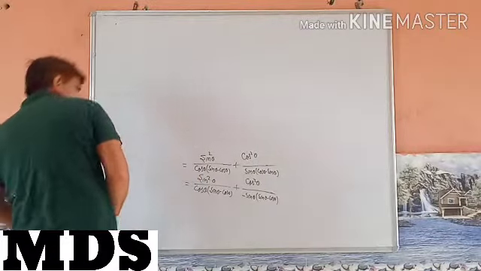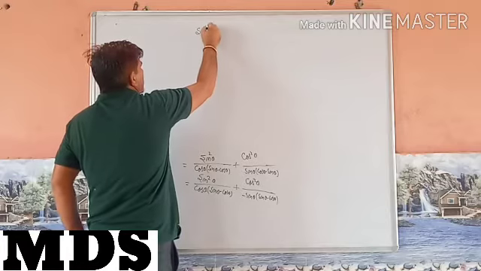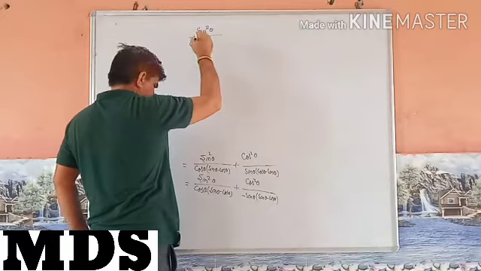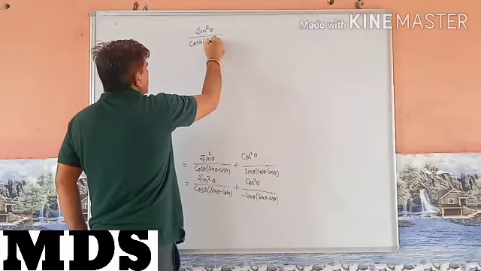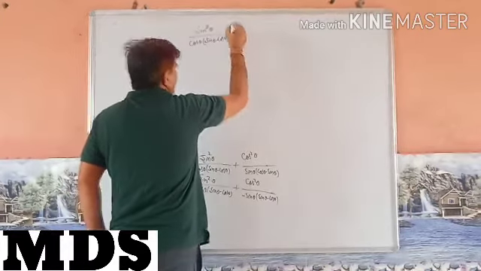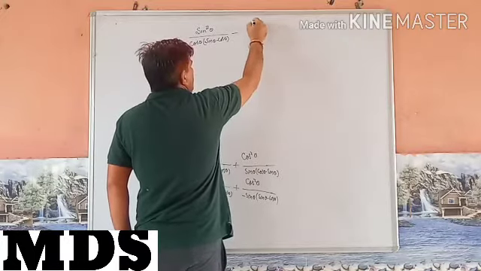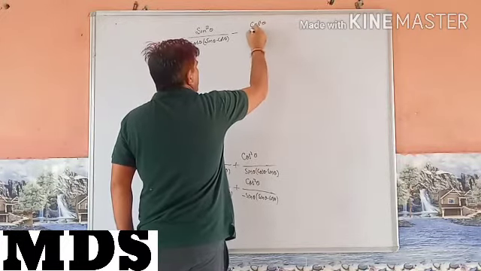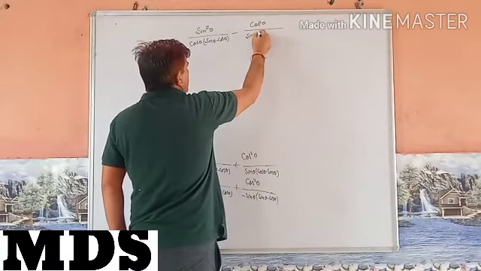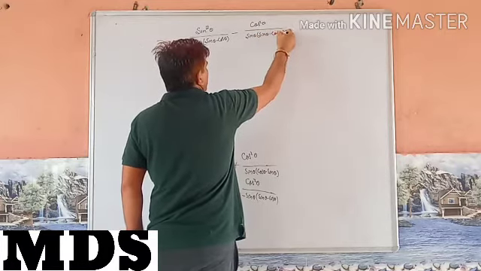So how can you write it like this? This becomes sin square theta by cos of theta into sin theta minus cos of theta, minus cos square theta divided by sin of theta minus cos of theta.